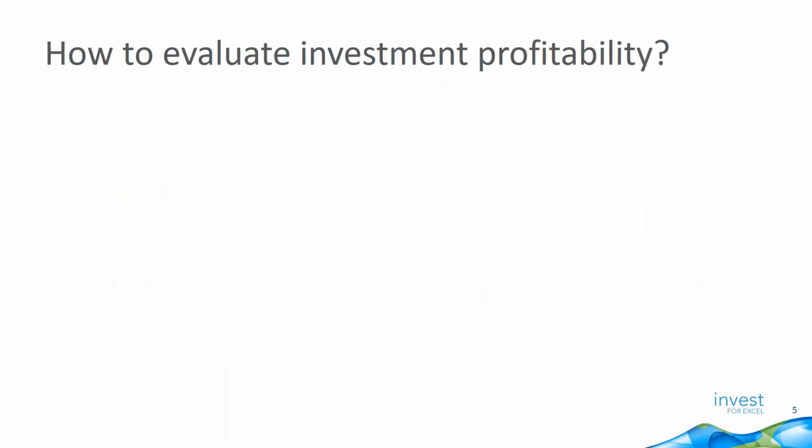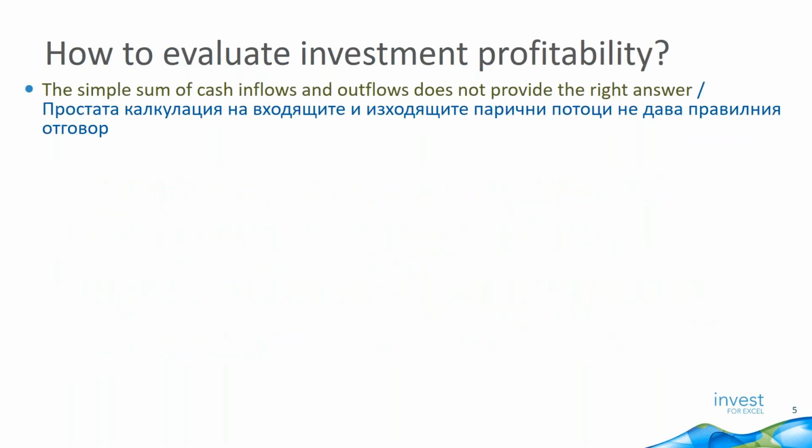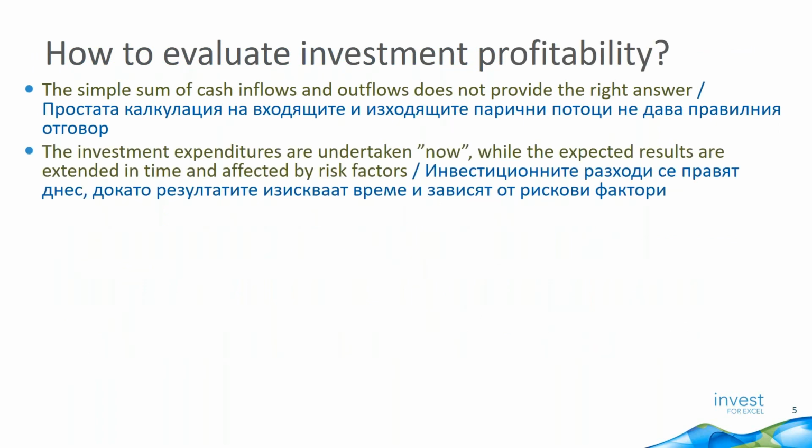So how do we evaluate the profitability? It's not enough to just add together the inflows and outflows, the incomes and costs. It doesn't work because the investment is in the beginning while the profits come later. And the profits come later and they are also uncertain. They're affected by risk factors.